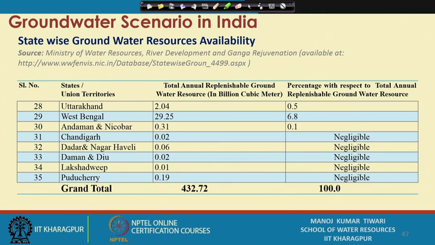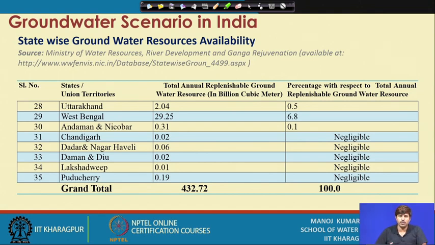But states like UP, West Bengal, and to some extent Bihar have a good amount of groundwater resources, primarily because surface water and groundwater interaction is linked, and when there is significant availability of surface water, they get better recharge, and that is why there is a large amount of annual replenishable resources as well. A few other places and union territories have almost negligible share.